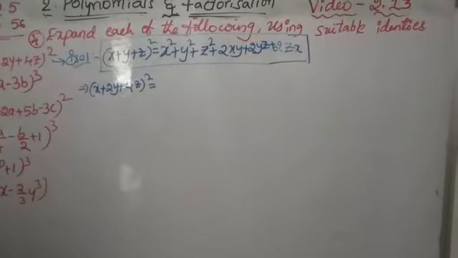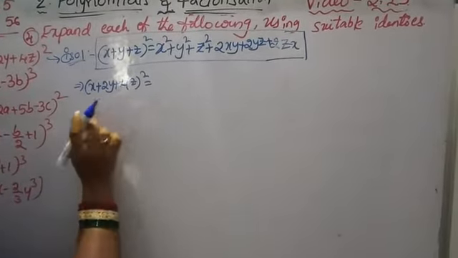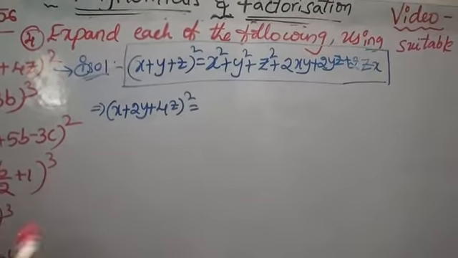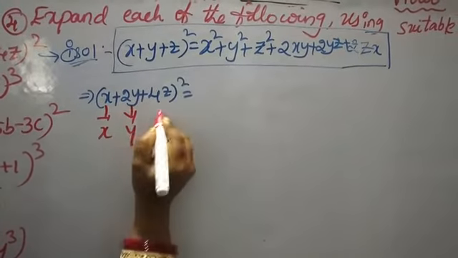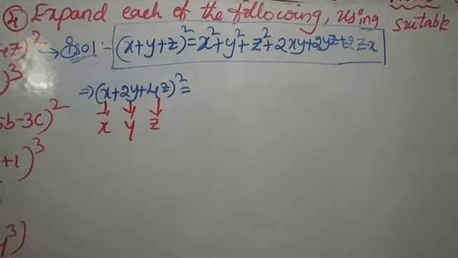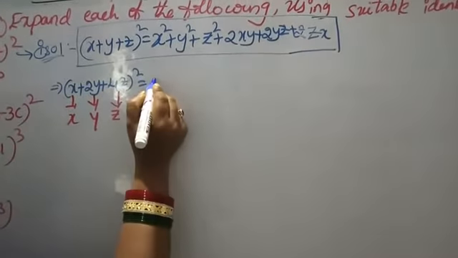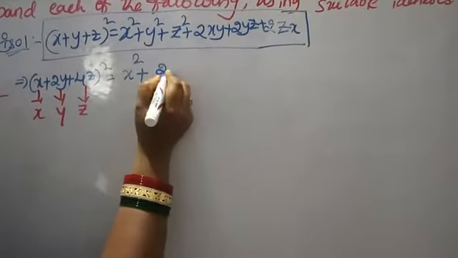x plus 2y plus 4z whole square. In the place of the first term it is always x, the second term is y, the third term is z. Like that we have to take it and fill up this total. Now x square plus y square. In the place of y we have 2y.